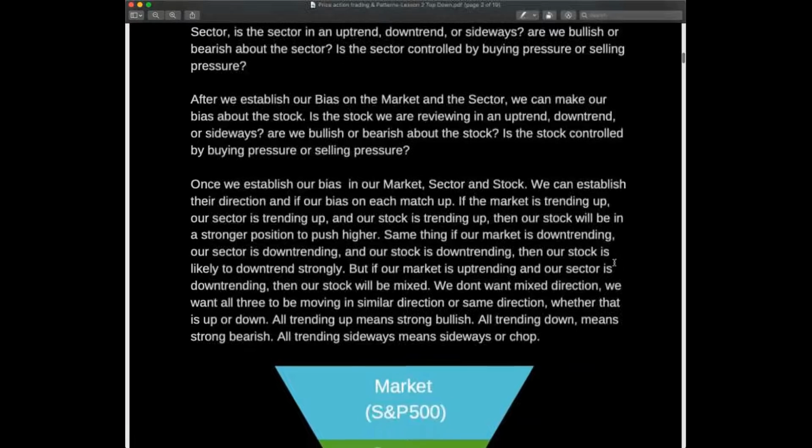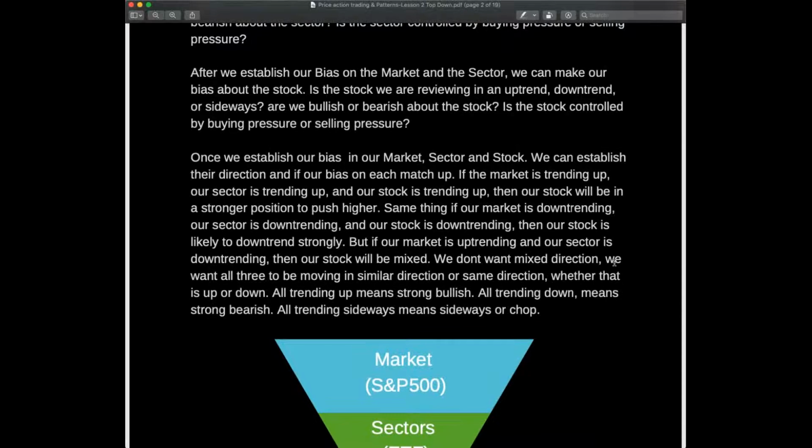After we establish our bias on the market and the sector, we can make our bias about the stock, right? So first we do our analysis on the market, then on the sector, and then we can do our analysis on the stock that we are reviewing. Is it in an uptrend, downtrend, sideways?